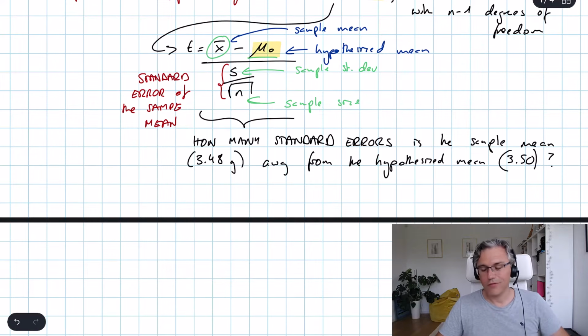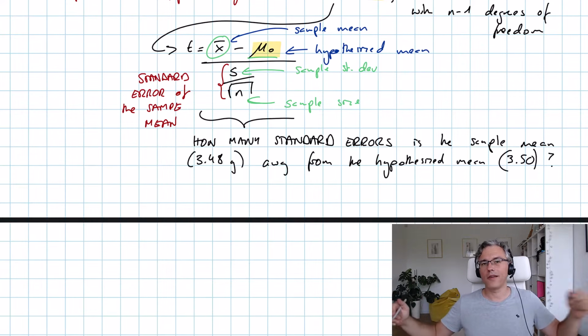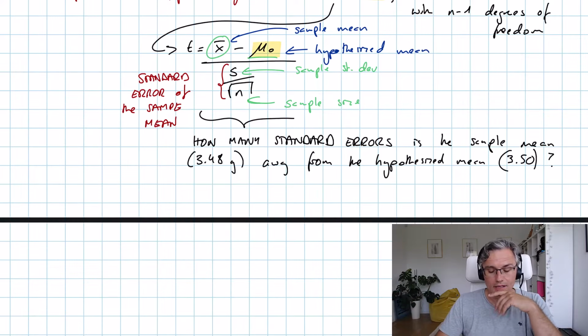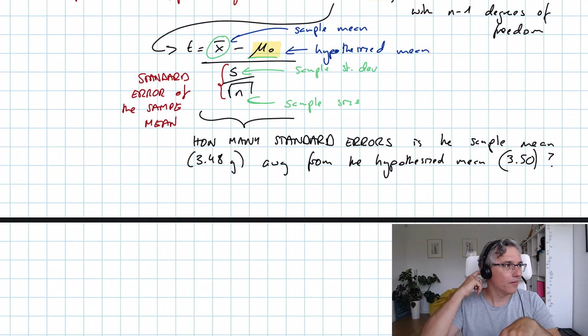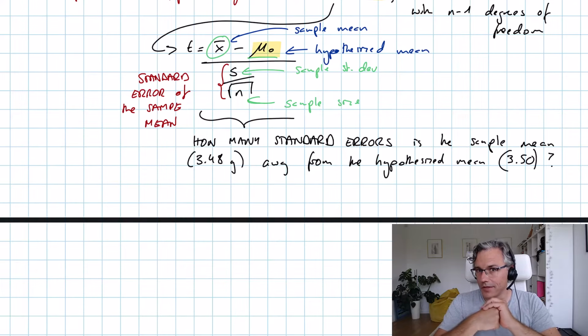And the logical conclusion is the further it is away in terms of those standard errors which feature in the denominator of the fraction, the more likely it is that we'll have to reject the null hypothesis.